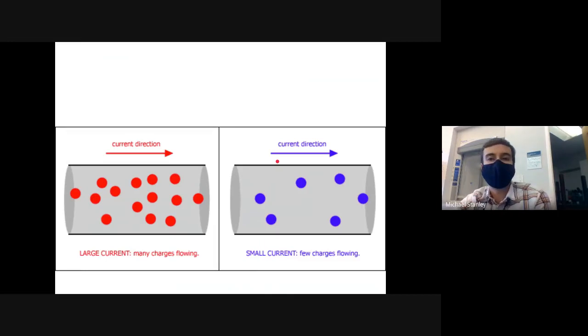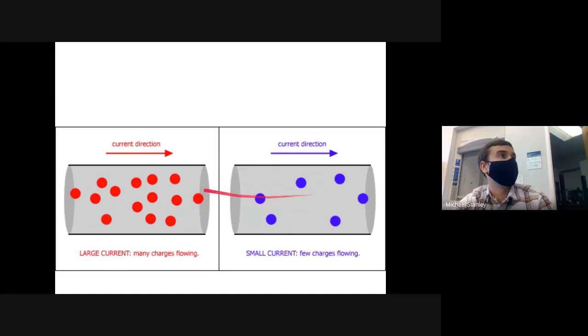So what this means is that if we have a lot of charges, that could increase our current versus a fewer number of charges. So lots of charge versus small charge, just in terms of the total amount of electrons that we have in our wire, in our circuit.